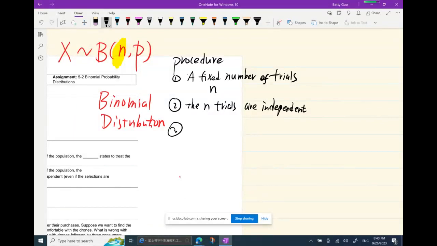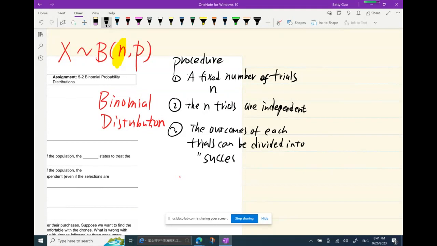The third condition is that the outcomes of each trial can be divided into two categories, either success or failure.